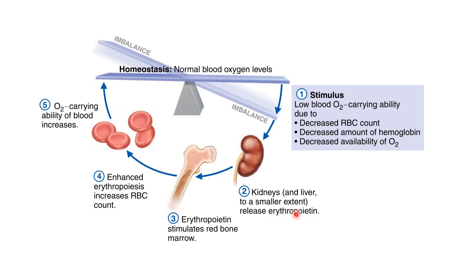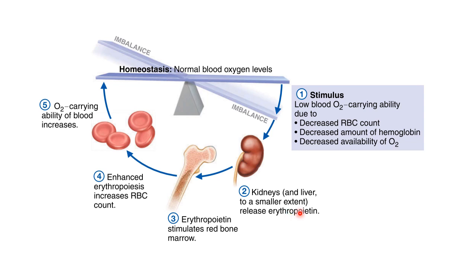Poiesis, which is the source of the term poietin, means the synthesis of new blood cells. So erythropoiesis would be the synthesis of new red blood cells. And the hormone that facilitates the synthesis of new red blood cells would be erythropoietin.